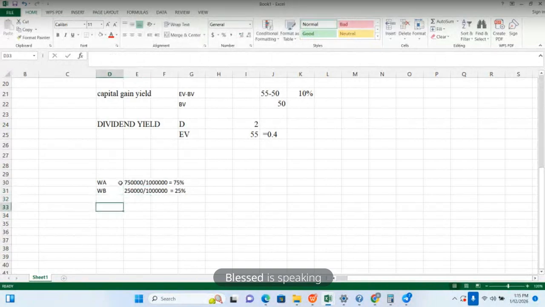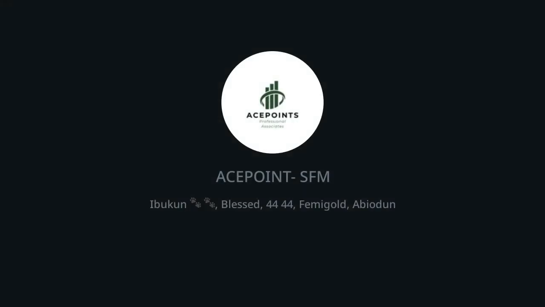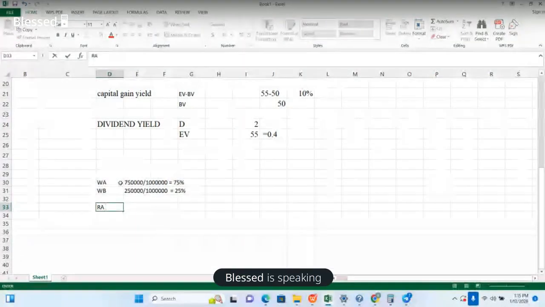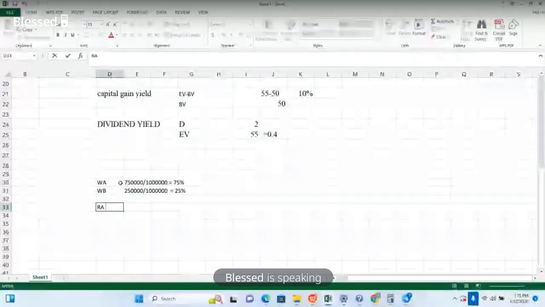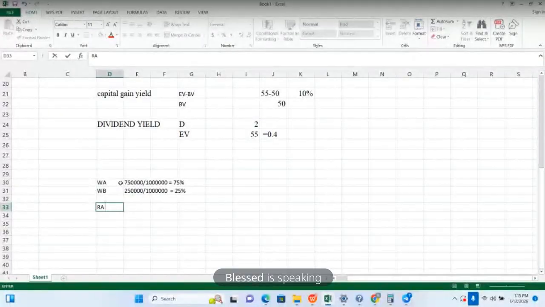The expected return from asset A, RA. We have an expected price, and we have the expected dividend.